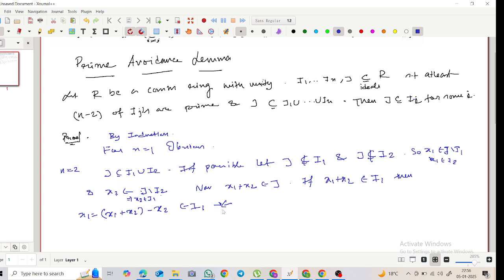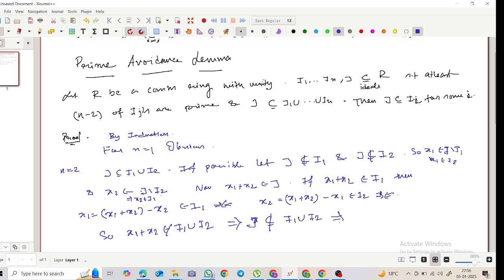So similarly, x2 equals x1 plus x2 minus x1, this belongs to I2, which is a contradiction again. Okay, so x1 plus x2 is not in I1 or I2, hence it is not in I1 union I2, so J is not contained in I1 union I2, which is a contradiction.